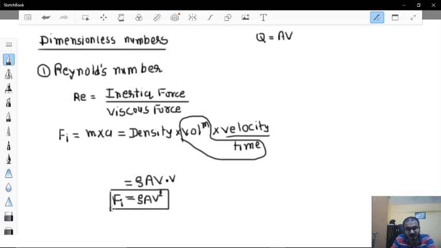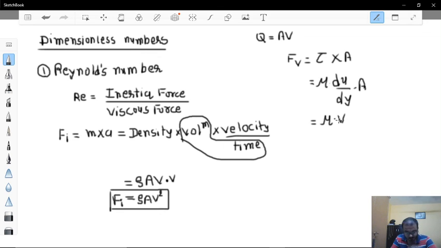Then we require the viscous force. So Fv is equal to tau into area, where tau is viscous stress or shear stress, which is equal to mu into dv upon dy into A. So here it can be written as mu V A upon L. So this is the value of Fv.